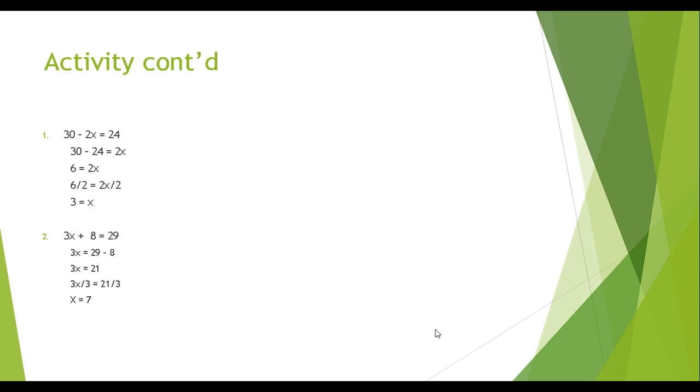Alright, so first one is 30 minus 2x equals 24. Right? So remember what I said we're going to do? We're going to get all the x's on one side and all the constants on one side. And since we're moving across the equal sign, the signs are going to change.